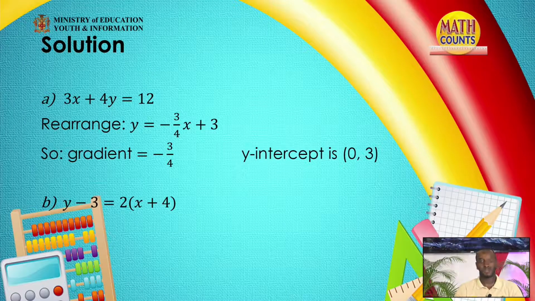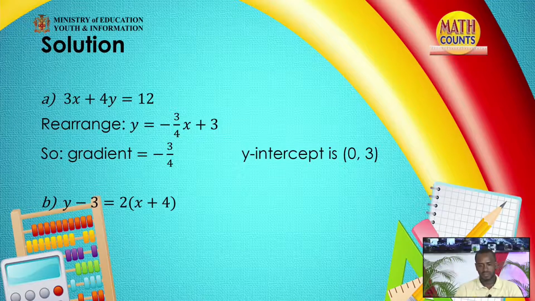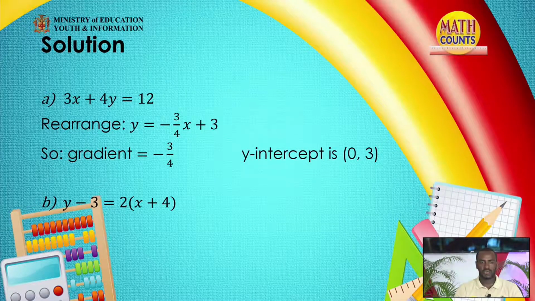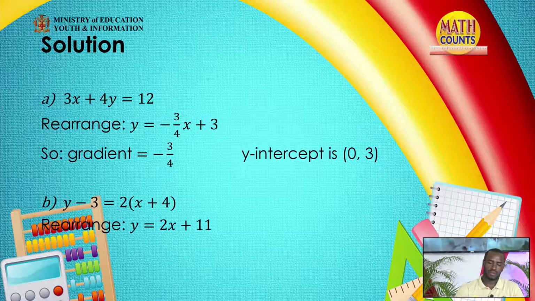y minus 3 equals 2 into x plus 4. I know you have solved this question already, but we will now go through it together. So rearrange this equation so that it resembles y equals 2x plus 11.